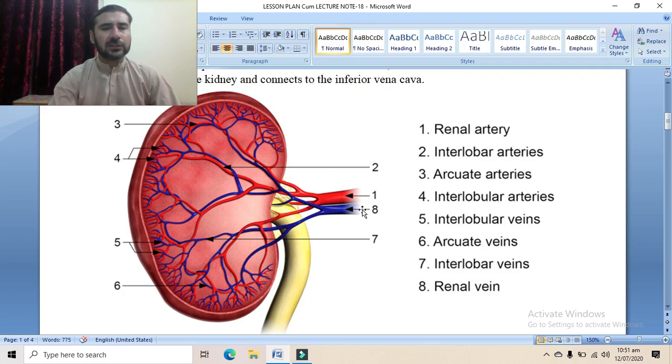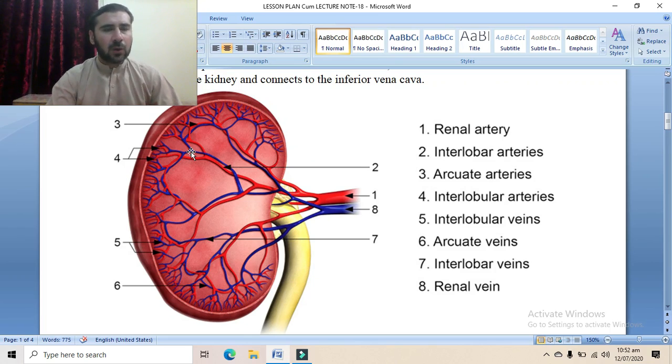So the sequence is that renal artery is further divided into fine arteries which are known as interlobular arteries or cortical radial arteries, and then further division will occur and they will form the efferent arterioles, and various efferent arterioles will enter into nephrons.